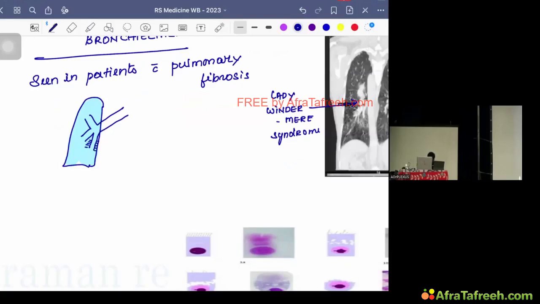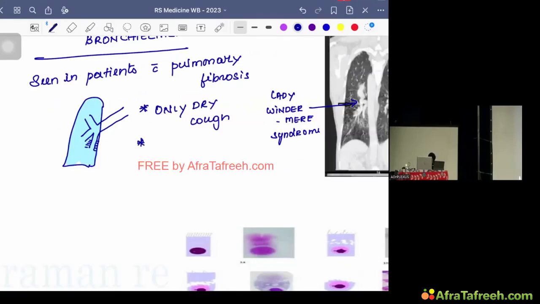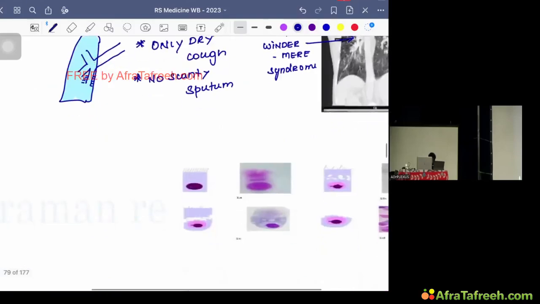In contrast to the routine clinical features of bronchiectasis, these patients have only dry cough. They don't have productive cough. Because of this, very scanty or minimal sputum will be there, so a lot of times it is not diagnosed as bronchiectasis.